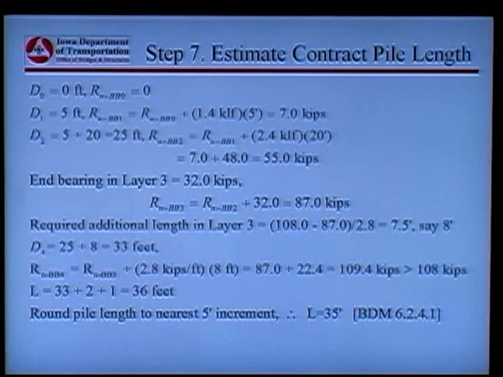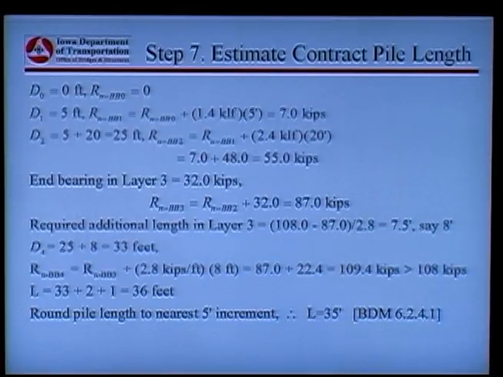So the total nominal resistance at this point is the friction plus 32, and you have 87 kips. But 87 kips is still short, right? You still need to achieve at least 108 kips, which means that the friction from layers 1 and 2 plus the end bearing is still not sufficient. So we need to drive the pile further into layer 3.